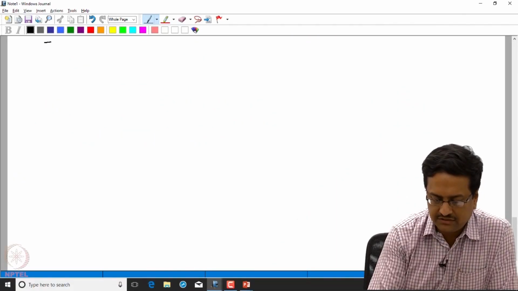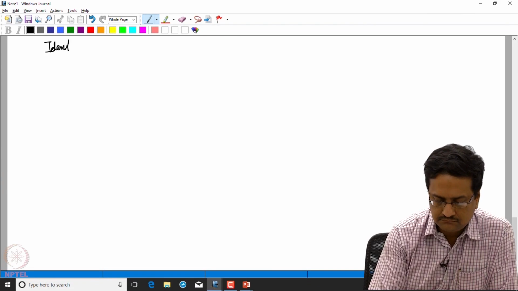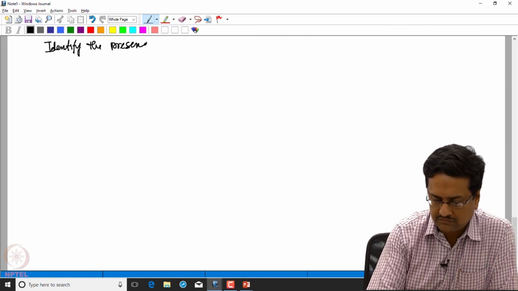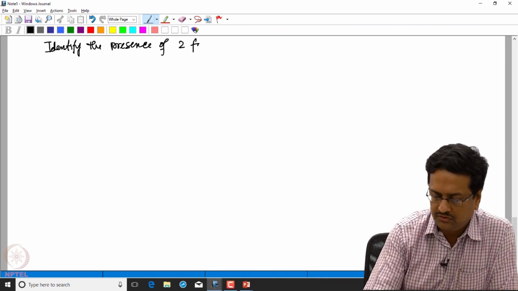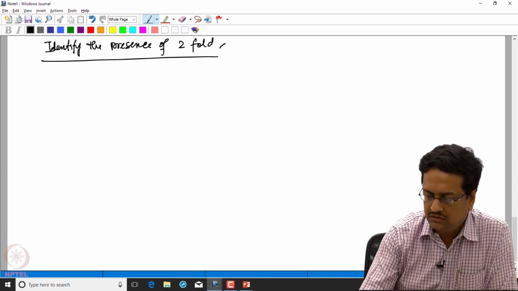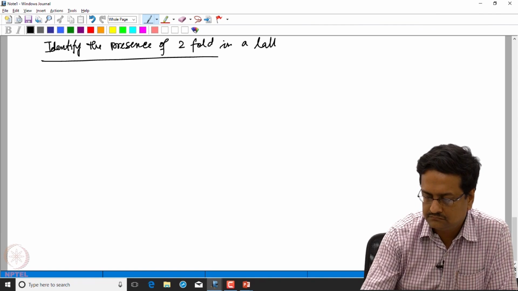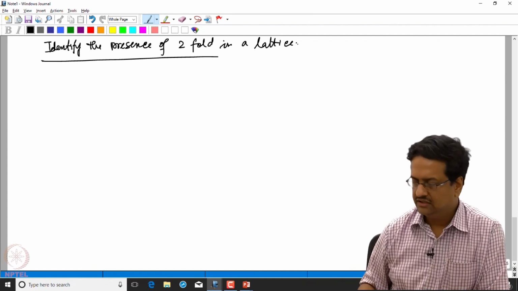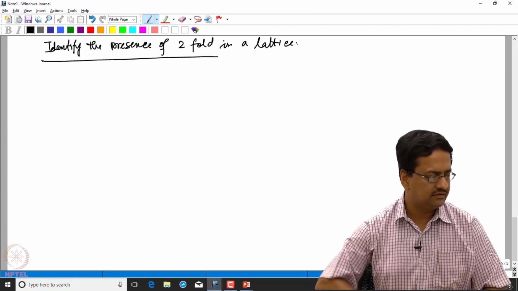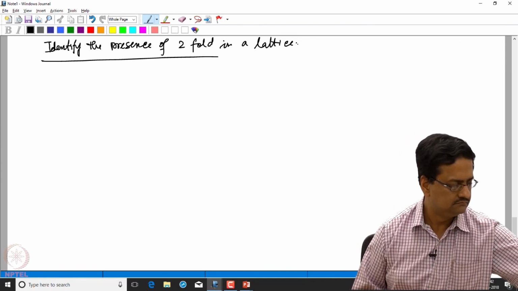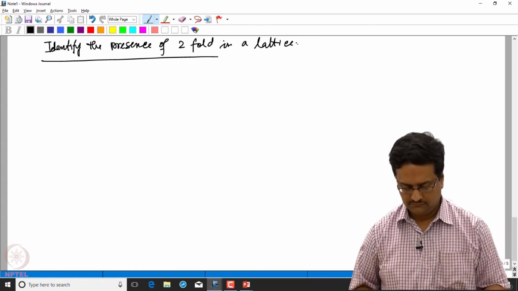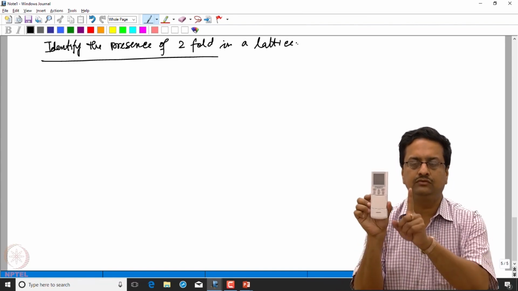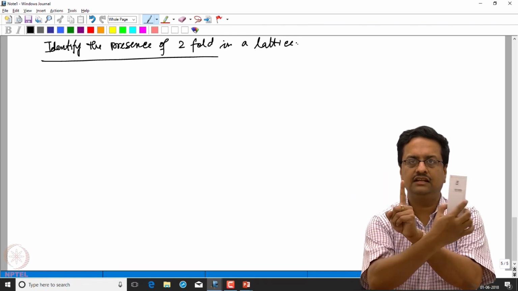We would like to first identify the presence of a twofold in a lattice. Suppose I have one object like this and I apply a twofold symmetry here, it rotates like that.